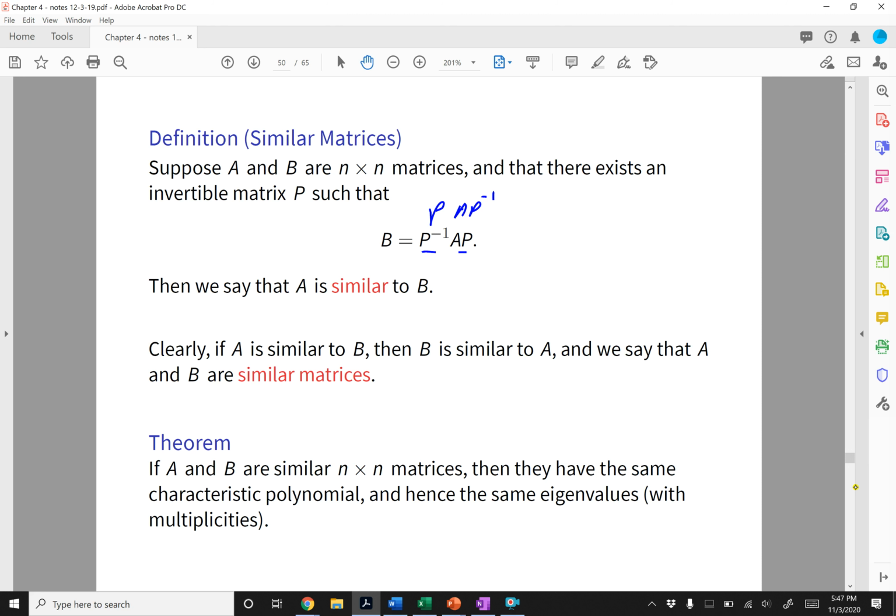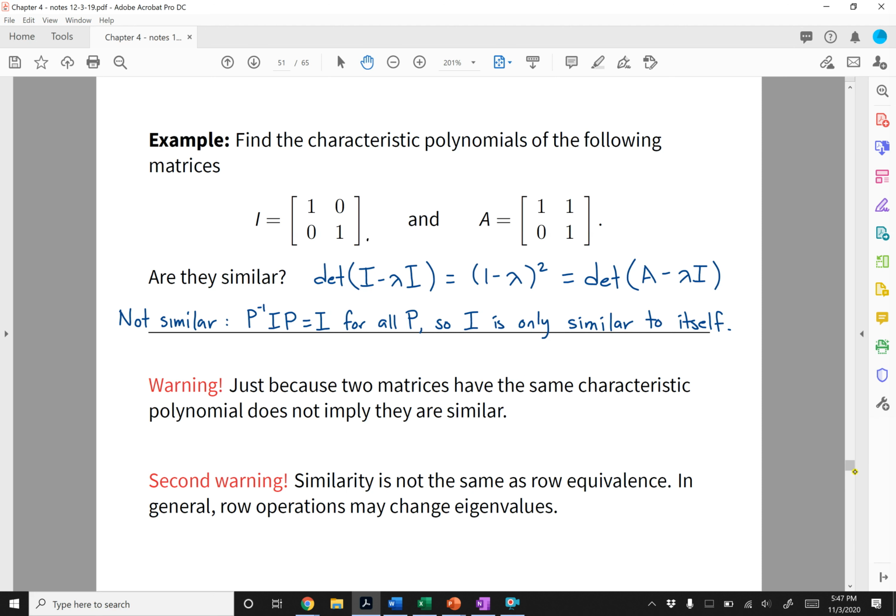If A and B are similar n by n matrices, then they have the same characteristic polynomial and the same eigenvalues with multiplicity. So if the algebraic multiplicity is 2 for eigenvalue 1 in A, then it would be the same for B. It would have eigenvalue 1 with multiplicity 2.